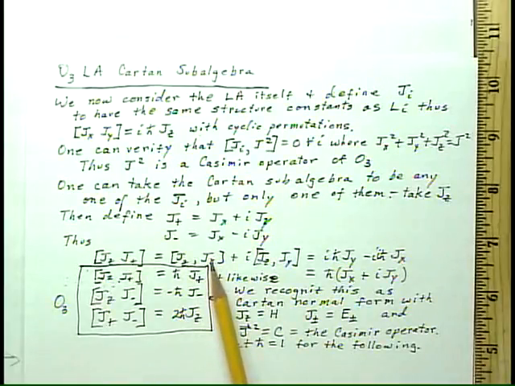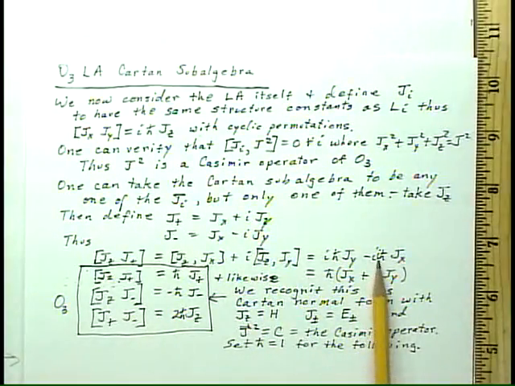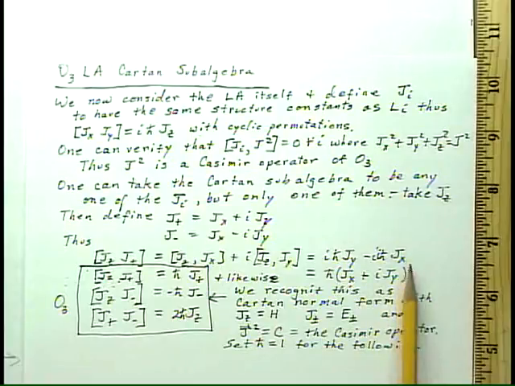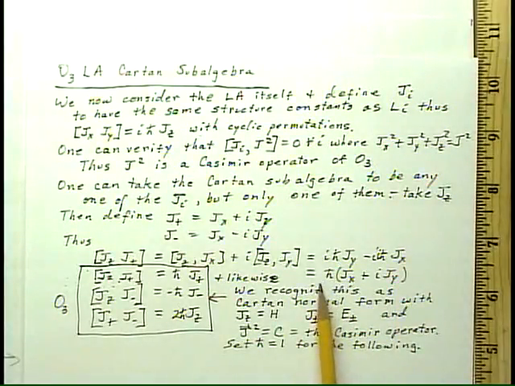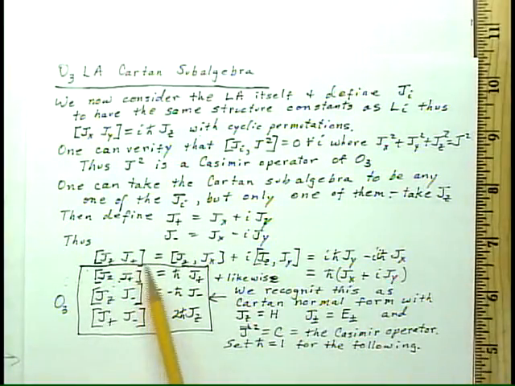And [Jz, Jx] is iħJy. [Jz, Jy] is minus iħJx. So by pulling the ħ outside, here we have two i's, a minus i and an i, and that gives us a plus Jx and an i times Jy, which is in fact J plus.